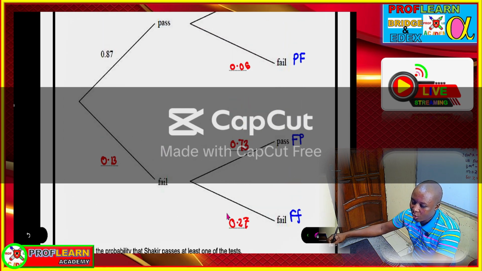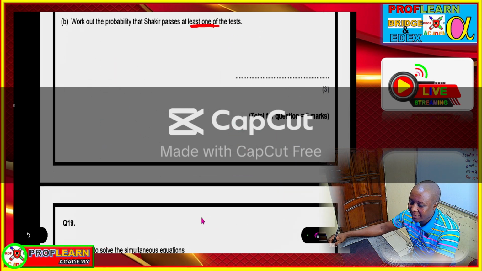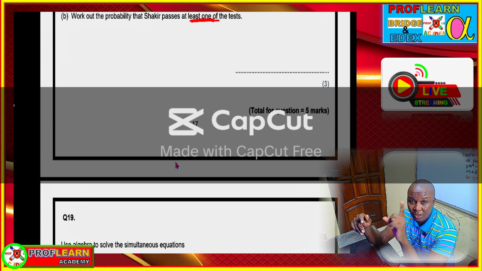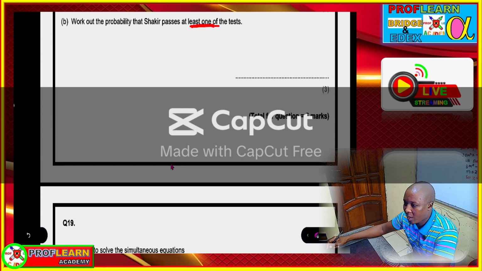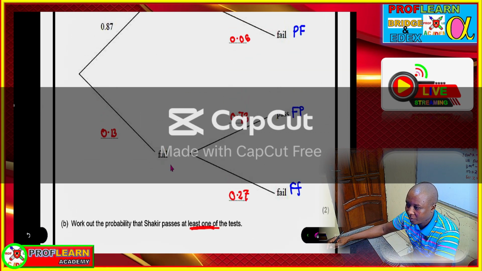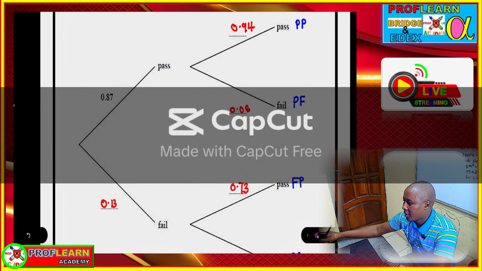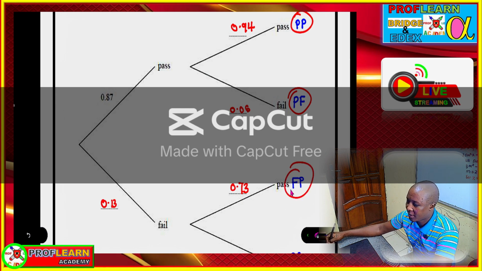When we are told that he passes at least one, it means he can pass all the tests, or there must be a test that he has passed. So we are going to consider which parts of the probability tree diagram. This one, passing, and also passing here.